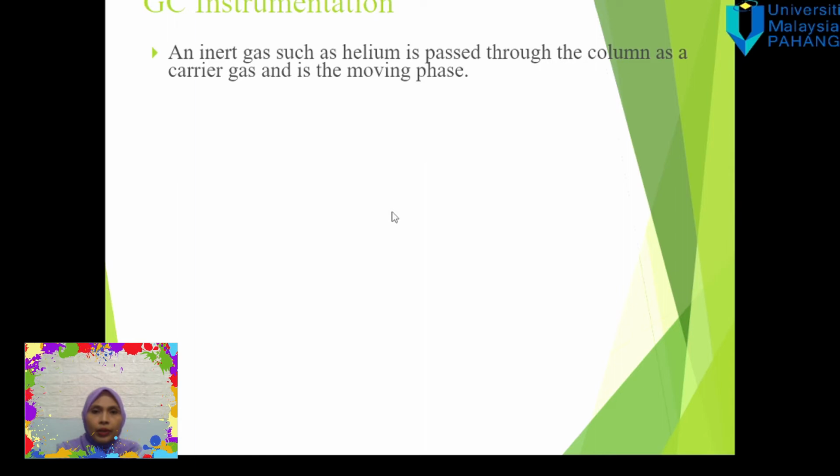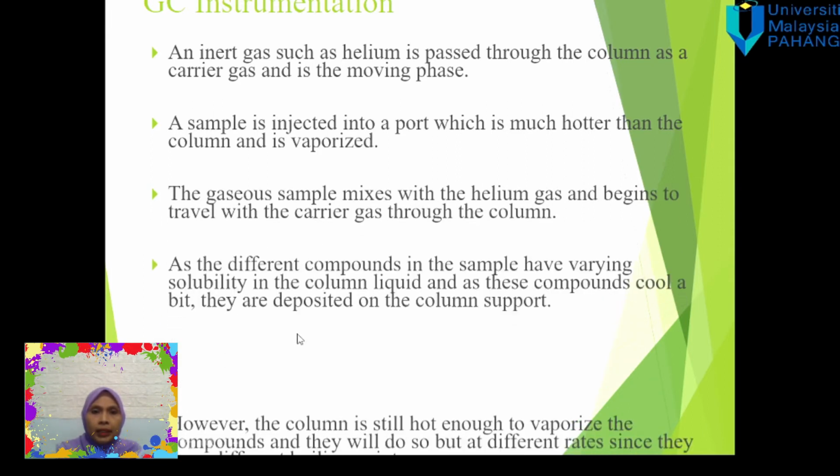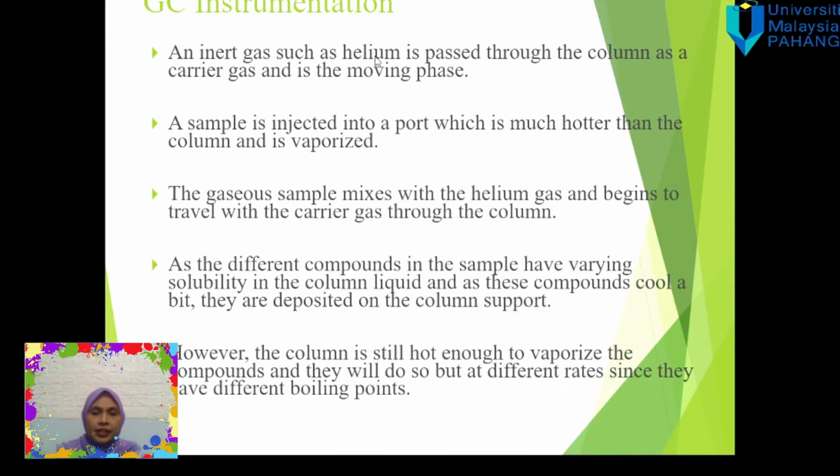Before we go one by one, we should understand in detail how the analyte flows inside the column. An inert gas such as helium is our mobile phase, passed through the column as a carrier gas, and it is the moving phase. A sample is injected into a port which is hotter than the column, and it vaporizes. As I mentioned previously, what happens in the GC is based on how the sample can be vaporized, based on boiling point.